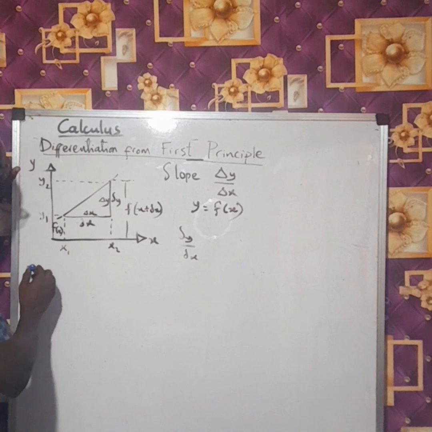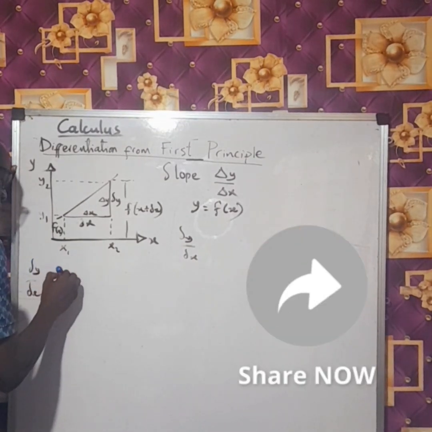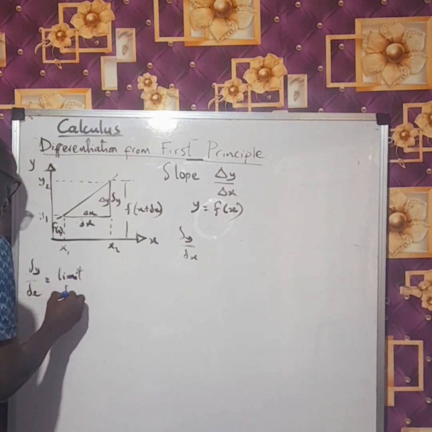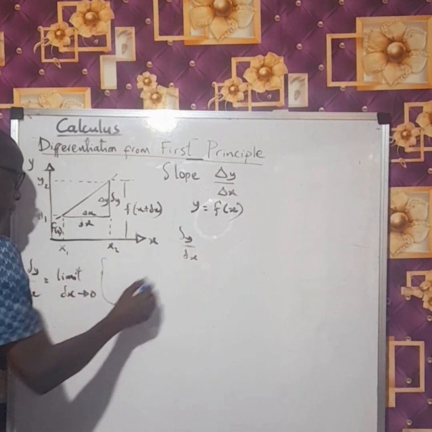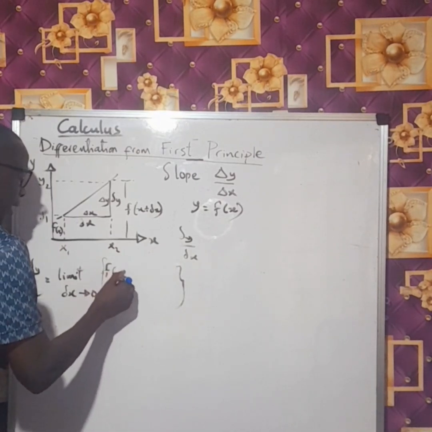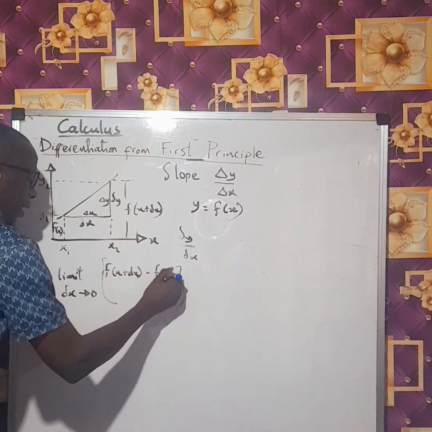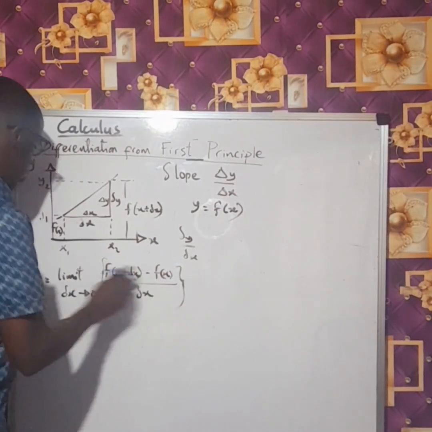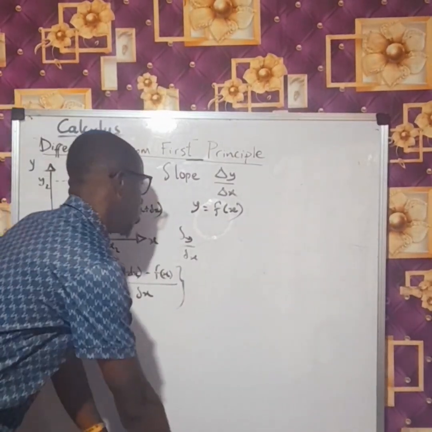So we have here that dy dx is equal to the limit as dx tends to 0 of f of x plus dx minus f of x all over dx. This is what we need to solve questions on first principle.